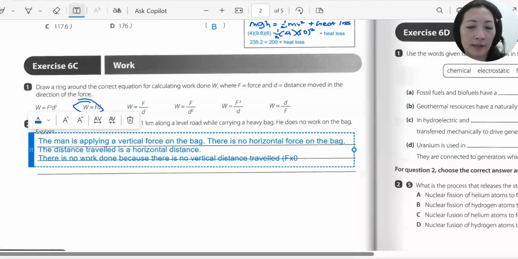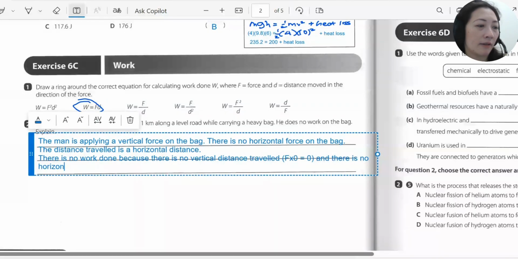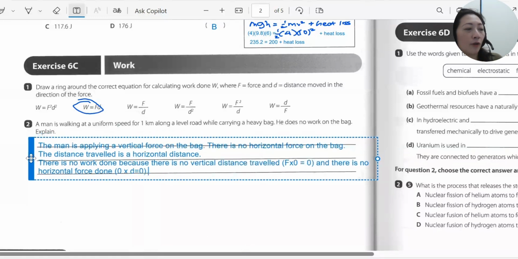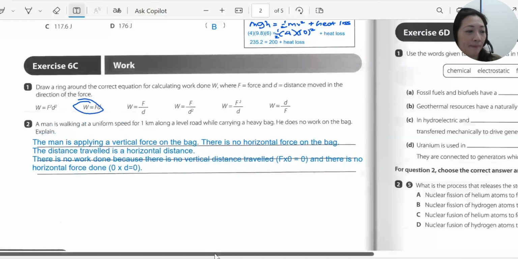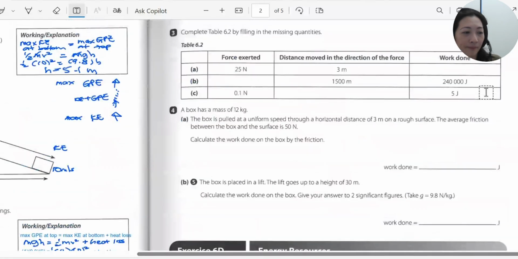So force times 0 equals 0, and there is no horizontal force done. You can write here 0 times d equals 0. You don't have to use these exact words, but something to this effect. I'm just simplifying it. I'm putting in equations here so that you understand why it's 0.